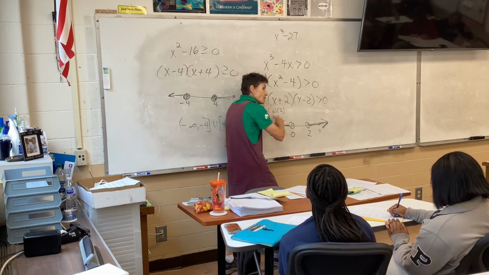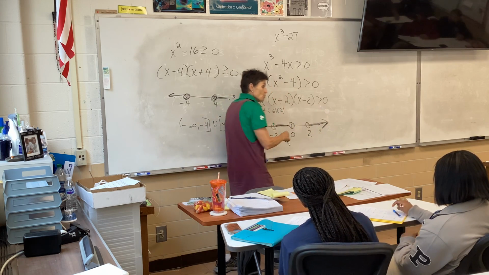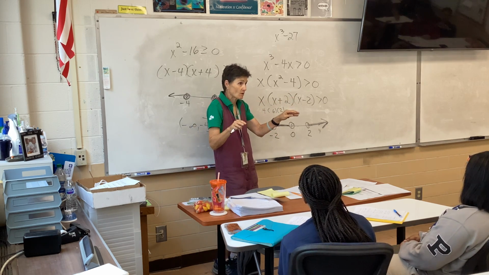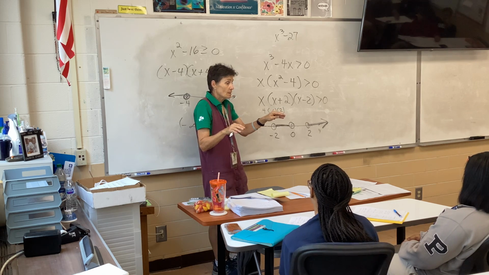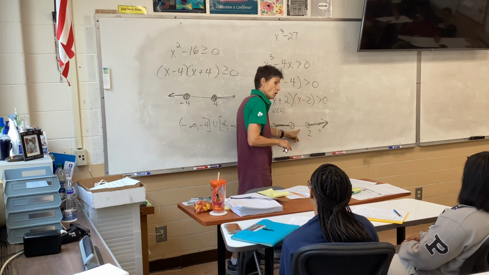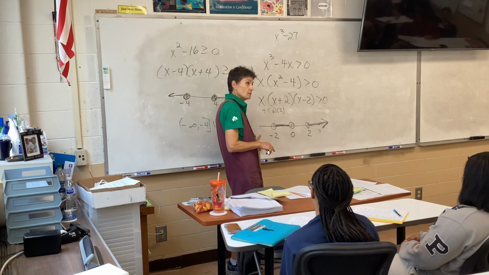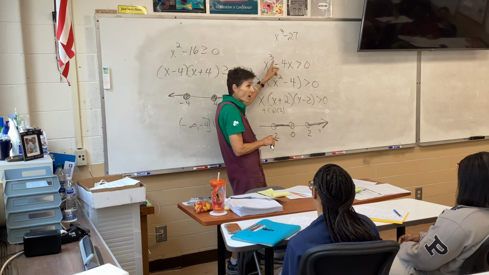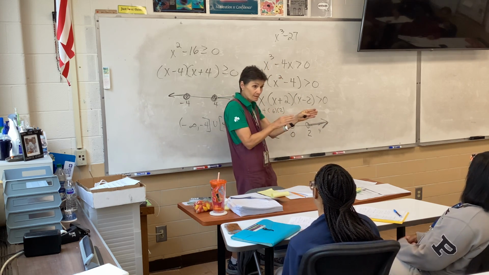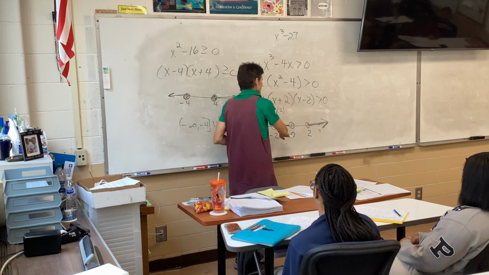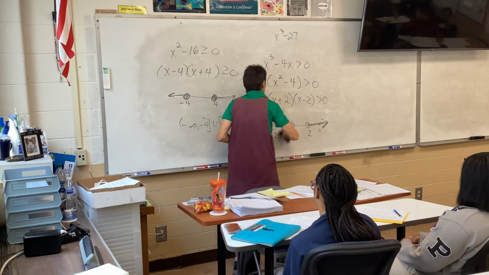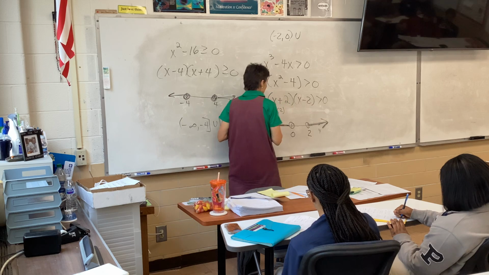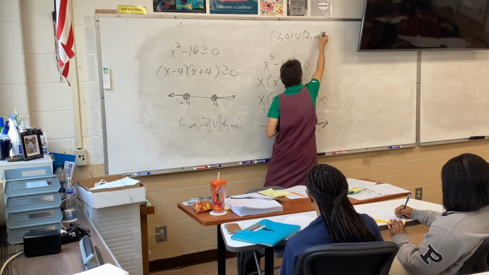So no matter where you put your number, you're either going to shade it or not, and then all the other sections are going to alternate based on that. So this one's shaded, no, yes, no. And that will be true no matter how many dots you have. So if you have a 4-dot problem, it's going to be the same thing. So my answer will be what? -2 to 0, or 2 to infinity?